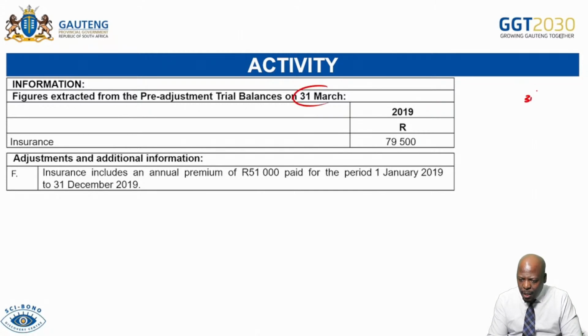If it's ending 31 March 2019, it means it began on the 1st of April 2018. That is 12 months over here. And we also know that this premium was paid until 31 December 2019. Okay, so how many months was it paid in advance? From March 31 to December 31.